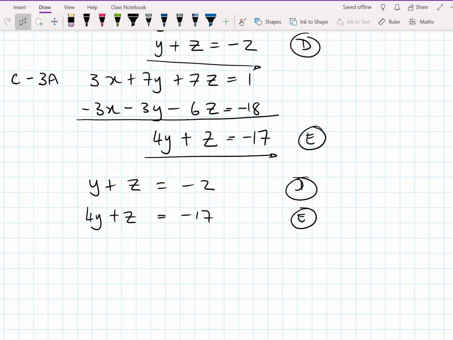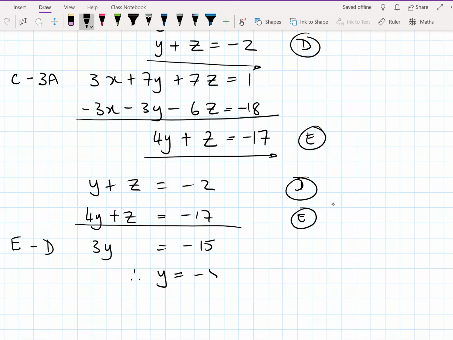And in this situation, I'm going to say equation E minus equation D. And what will I have there? I take away y from 4y, that's going to leave me with 3y. The z's are going to go, and I'm going to take away 2 from minus 17, that's going to leave me with minus 15. And so y is going to equal minus 5.